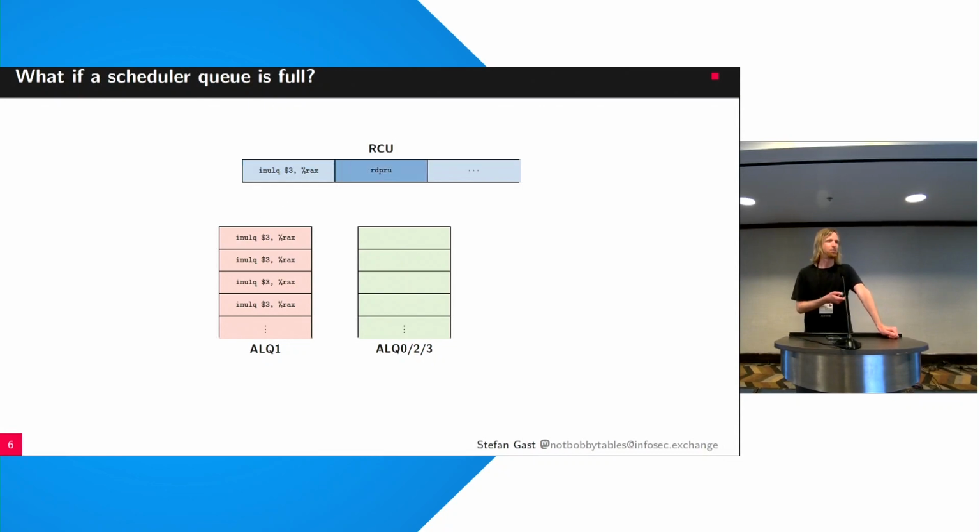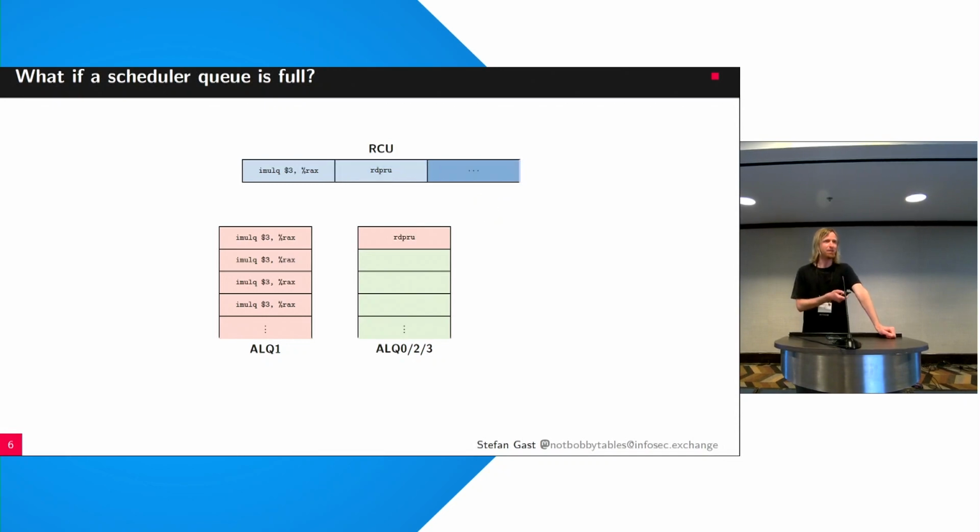And the subsequent operation, the RDPRU instruction, can go to the other scheduler queue because there is still some space left, and the execution can continue in parallel, so everything is fine.